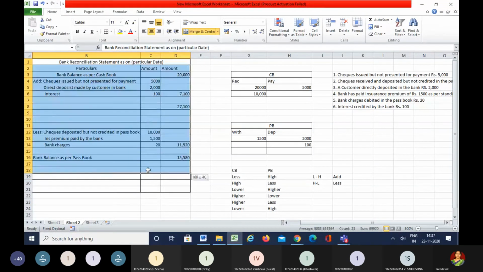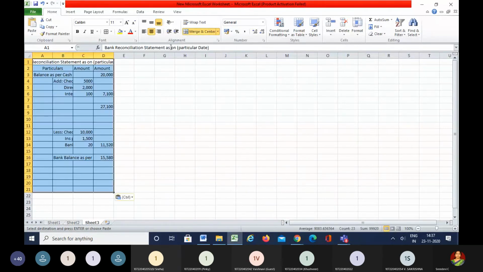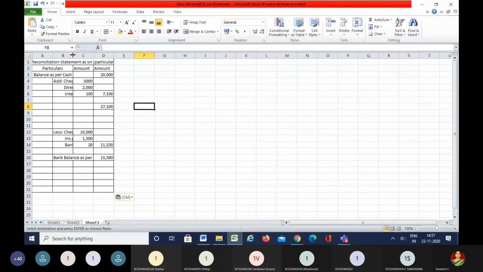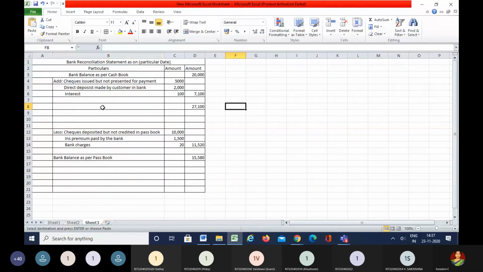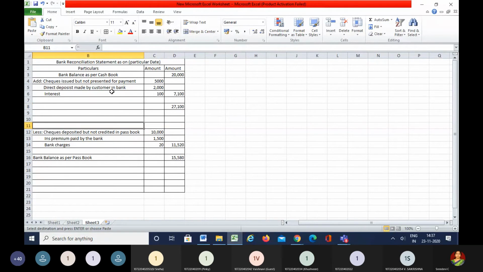What I do is I try to copy the same thing. So if this is going to be the passbook, everything becomes reverse. For example, if the checks have been issued but not presented for the payment.